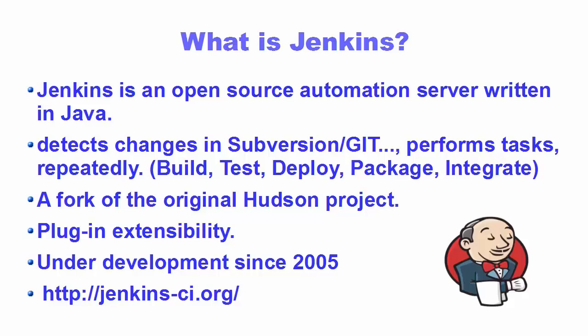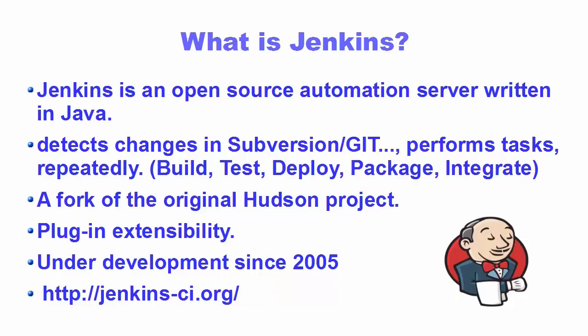Oracle continued the development of Hudson as a branch of the original, and Jenkins became the fork of Hudson. Now you can find more about Jenkins on jenkins-ci.org, but nowadays this website has been transferred to jenkins.io. So if you enter this URL in your browser, it will be redirected to jenkins.io.